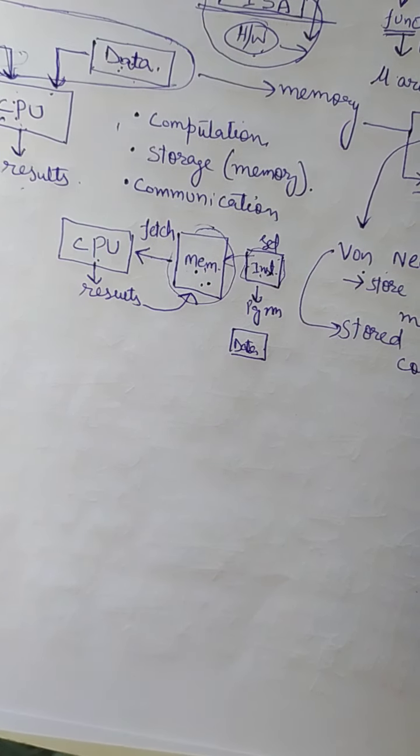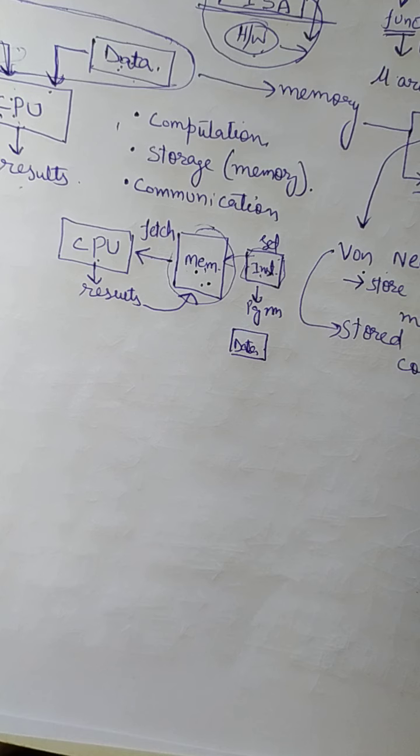But to get the data from the memory, the CPU should know the address of the memory location from where it has to fetch, because there are millions of locations in the memory. The CPU has to find out the particular location from where it has to fetch the data or the instruction.